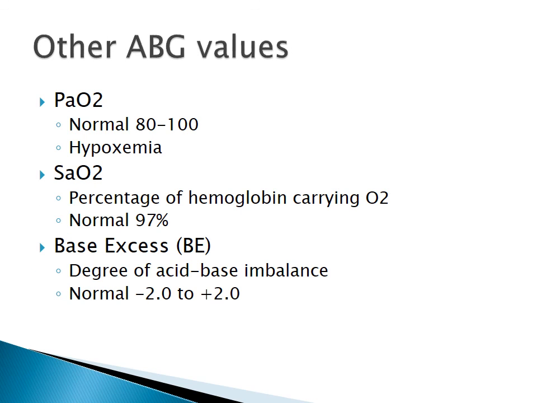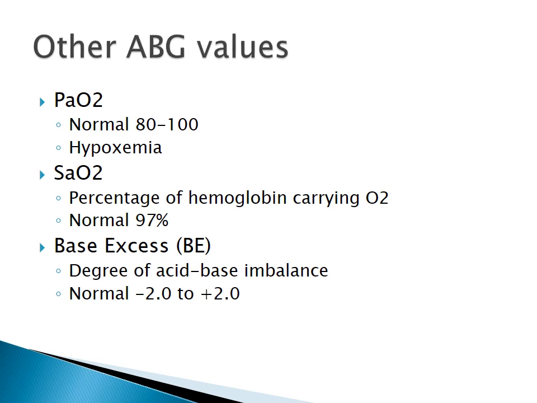Other lab values that we want to consider are our PaO2. This is also another blood gas, oxygen levels. Normal should be between 80 and 100. We're not talking about O2 saturations. This is literally the oxygen in the arterial blood, and so we want to see what they are running. 80 to 100 is what we consider normal.